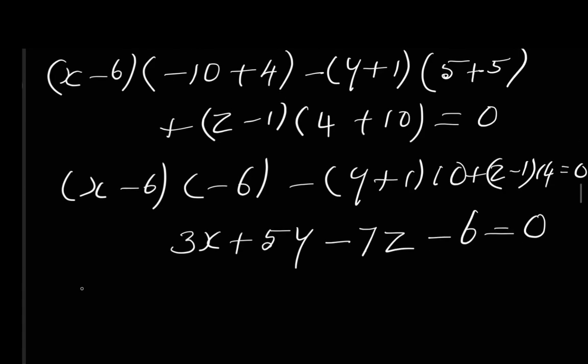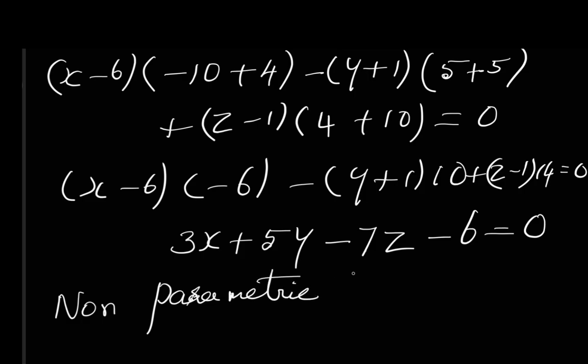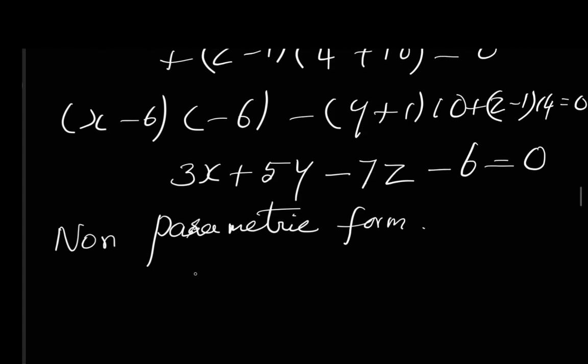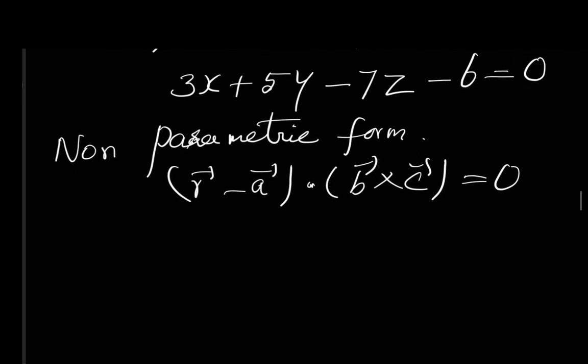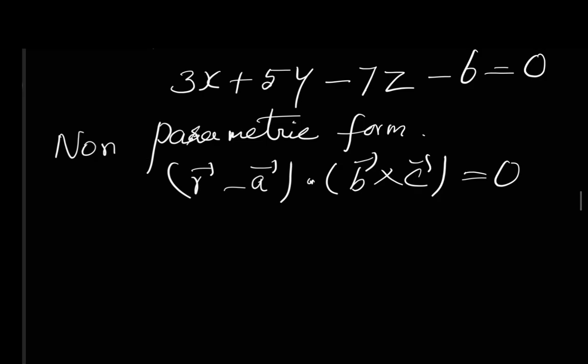See, in the non-parametric form, you have the equation vector r minus vector a dot vector b cross c is equal to 0. So if you want to do the steps, see in the previous sum I asked you to write directly.